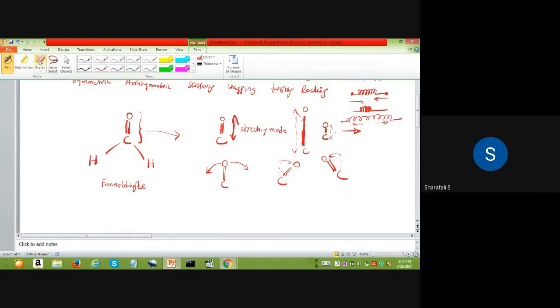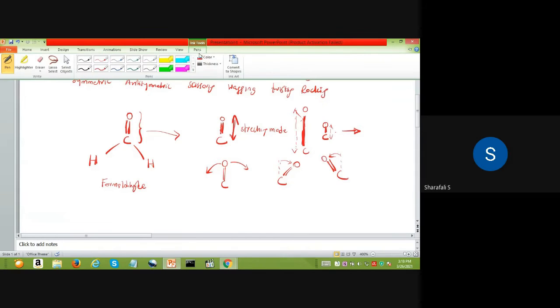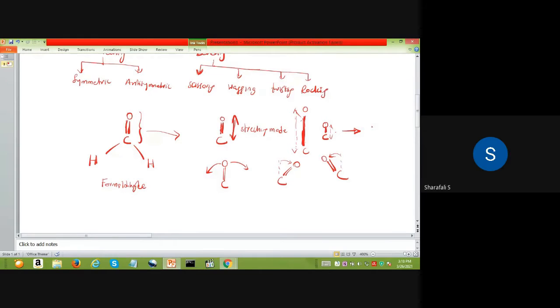And this vibration, let's say, for this particular case, formaldehyde, if you are considering these vibrations having frequencies of 2 hertz, for example, in this stretching mode, and in the bending mode, that is the wagging, it is having 4 hertz.